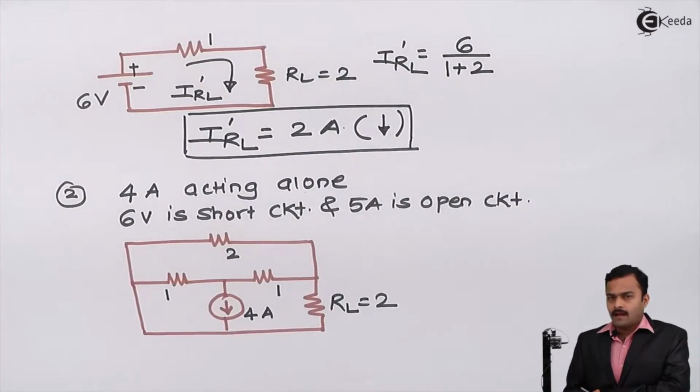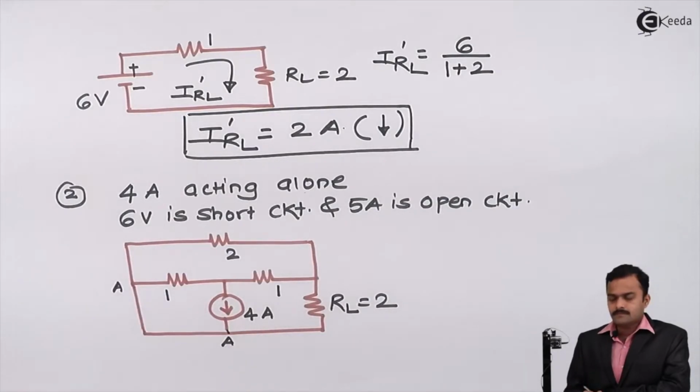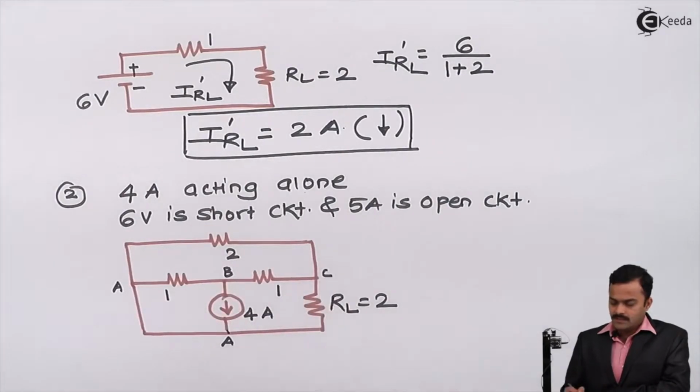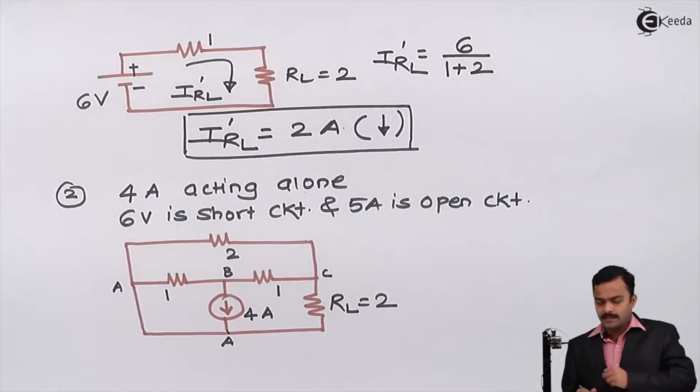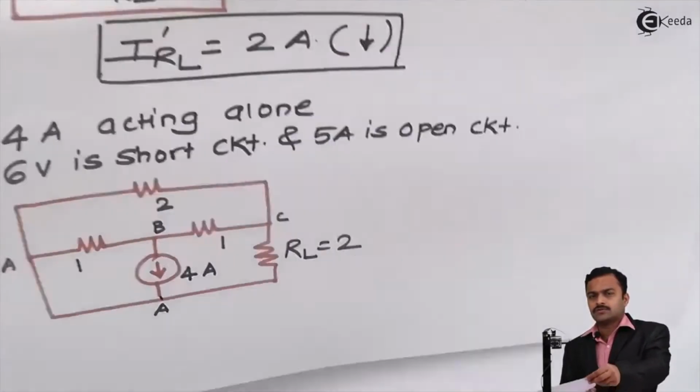Meaning, this point, if I say A, this point is also A, then here it is point B and this is point C. So if I see properly the circuit, I can redraw the circuit, and either I can use a series parallel connection or a source transformation to solve the problem.